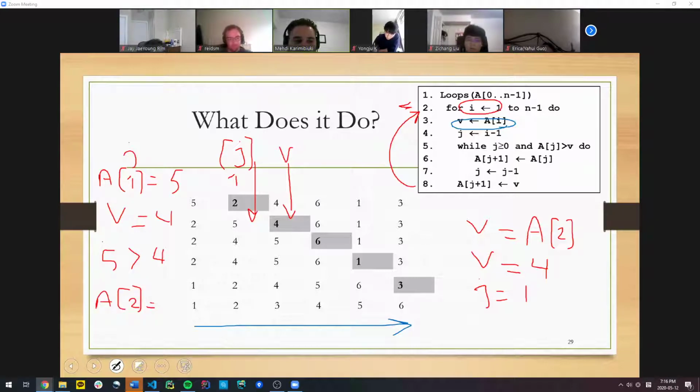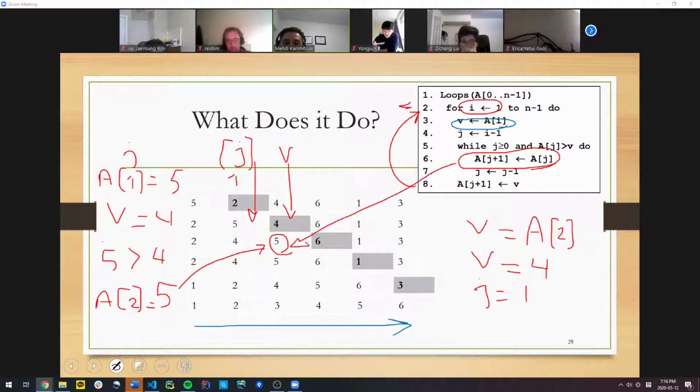A[2] becomes 5. So that's what's happening here. That's A[2], right? And we are here. Okay, and then J minus 1, put that into J. So J becomes 0, right?